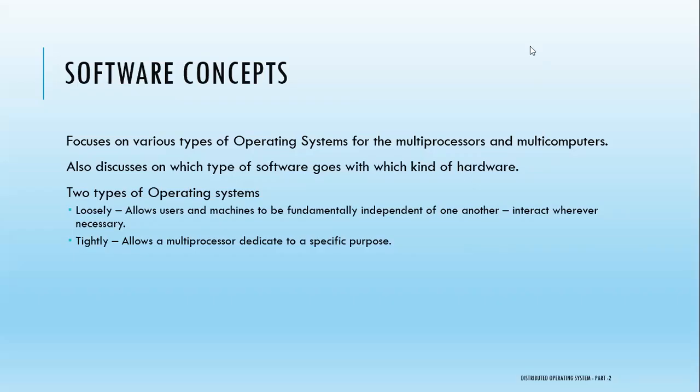The software concept. Loosely coupled software allows machines and users of a distributed system to be fundamentally independent of one another, but still to interact to a limited degree where that is necessary. Consider a group of personal computers, each of which has its own CPU, its own memory, its own hard disk, and its own operating system, but which share some resources such as laser printers and databases over a LAN.